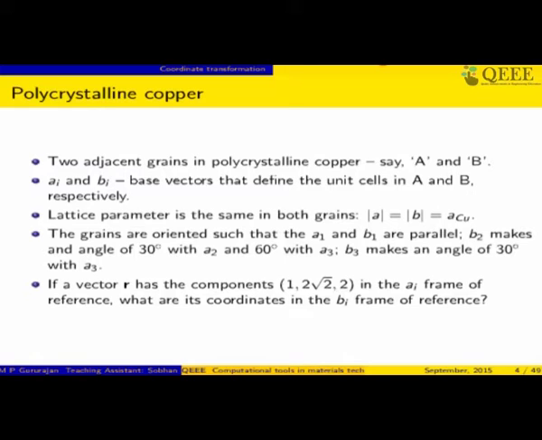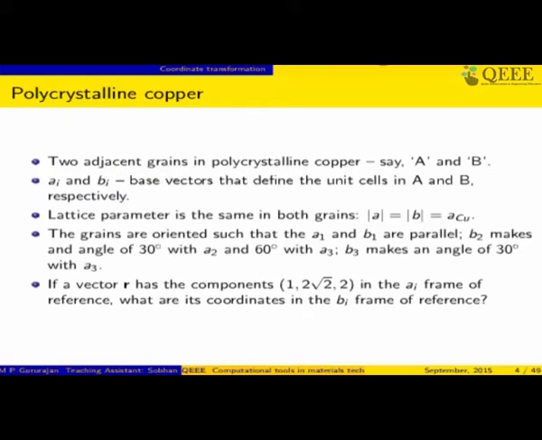So let us take the example of a copper polycrystal, and these crystallites which are oriented differently are known as grains. Let us consider 2 adjacent grains in polycrystalline copper. Let's call them A and B. This means you go to some sample and some region of this copper sample, you will find that there are unit cells which are aligned in a particular fashion with respect to the external frame of reference.